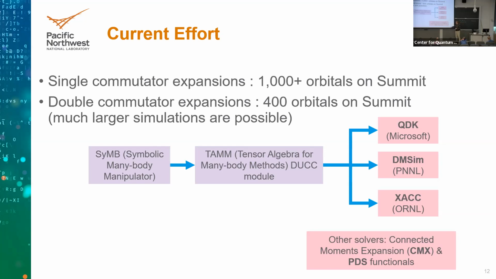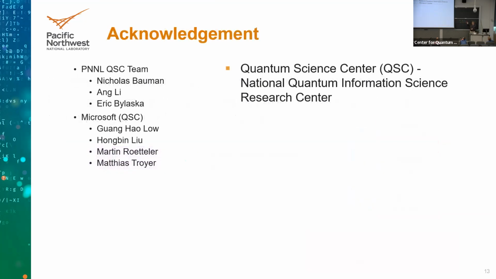There are other options; we have homegrown solvers based on connected moment expansions. Those things will be explored pretty soon. And the last slide is a great team with a huge synergy. This is a really nice collaboration between the PNNL team and Microsoft.